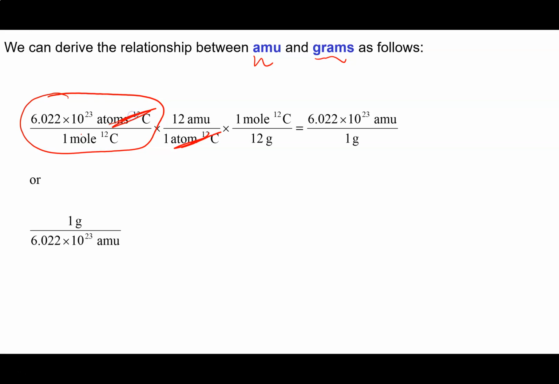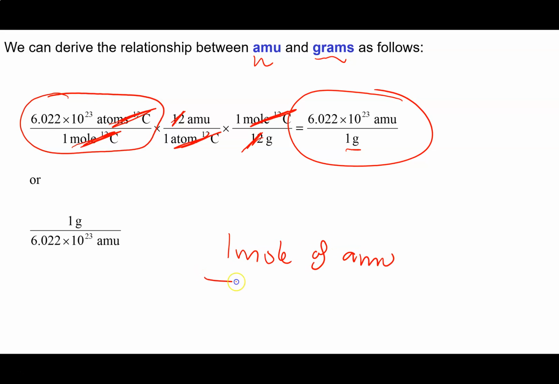So atoms of carbon-12 will cancel out like so. We also know that in 1 mole of carbon-12 atoms, there is exactly 12 grams. And using this factor, we can get the relationship between AMU and grams, because you can see here that the 12 will cancel out. So what we know is that there are 6.022 by 10 to the 23 AMUs in 1 gram, i.e. there is 1 mole of AMU in 1 gram.